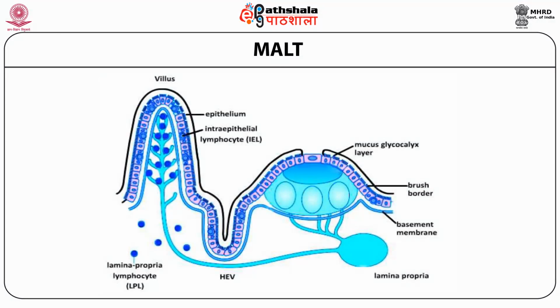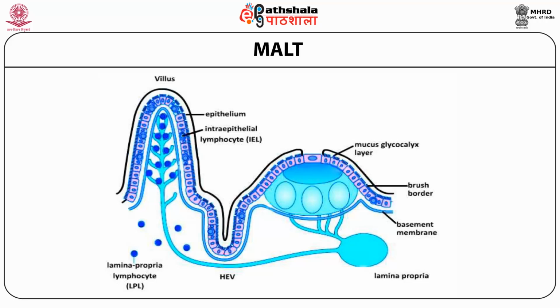There are actually three tracts which are covered by these mucosal surfaces. These are also the main sites for the entry of microbes. The mucosal surfaces then are associated with respiratory, digestive, and genitourinary tracts.